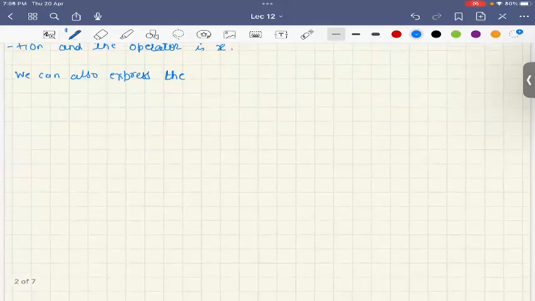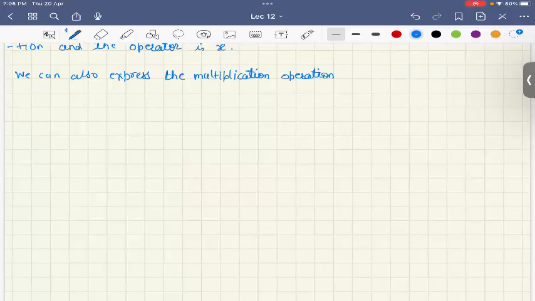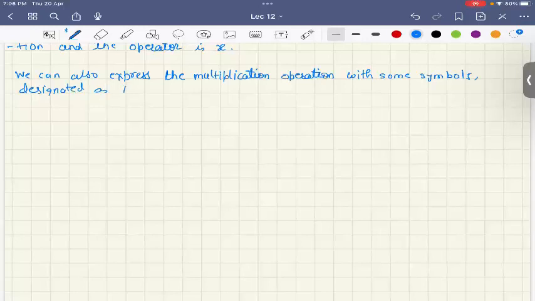We can also express the multiplication operation with some symbol. Let's say we designate it as M cap. Then 4 into 5 equal to 20 will turn into M cap of 4 and 5 is equal to 20.